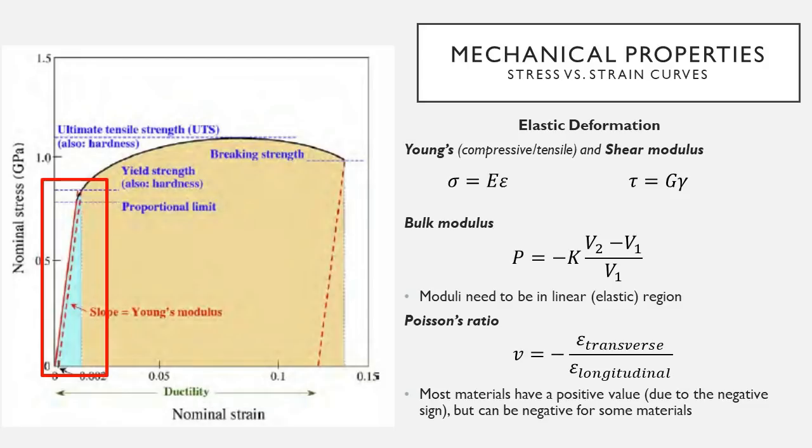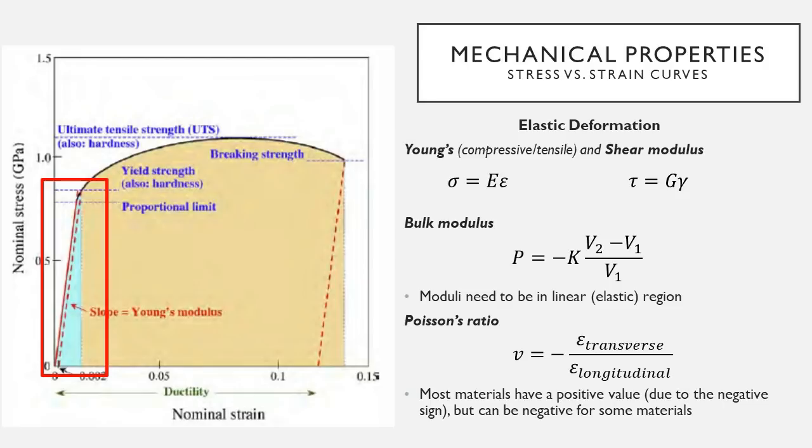Now, what's great about this particular graph is that there's so much information you can get from this type of graph. So we're going to cover a lot of the different components and calculations you can do from this kind of data. And the first I want to touch on is within the scope of what's called elastic deformation. Now, elastic deformation is the amount of deformation that a material can withstand while still being able to, I'll say, bounce back.